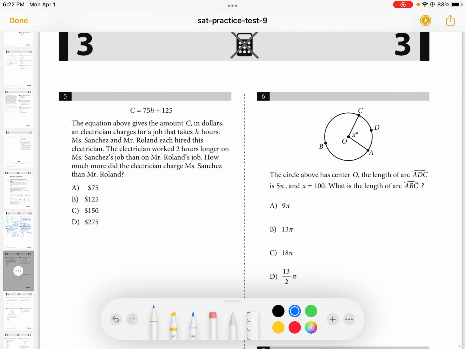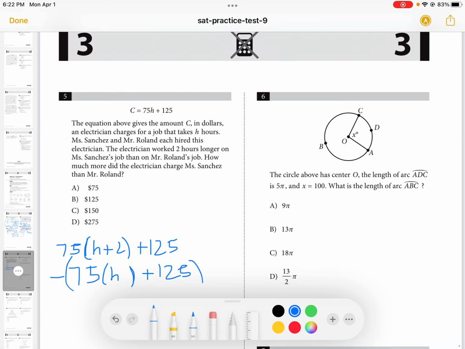So we could set up an equation here. So let's say the electrician worked h plus 2 hours on Ms. Sanchez's job, and then just h hours on Mr. Rowland's job, right?